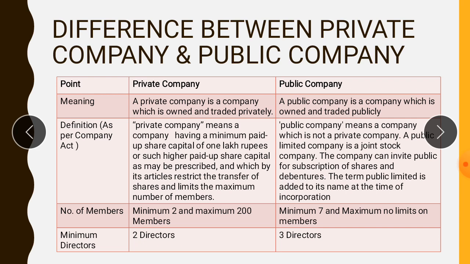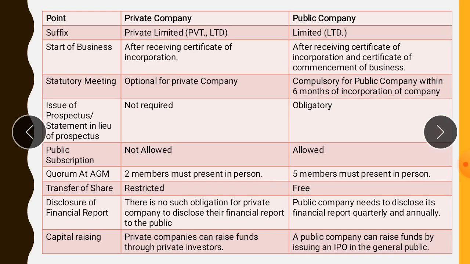Fourth point, minimum directors. For private company there must be 2 minimum directors, and in case of public company there must be 3 minimum directors. Next point, suffix. So suffix after the company's name, last word will be private limited.